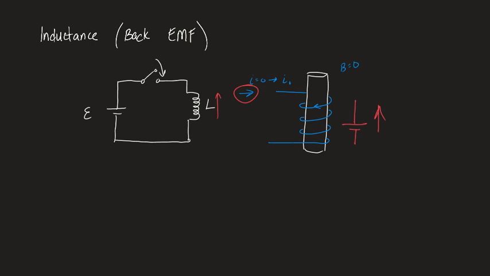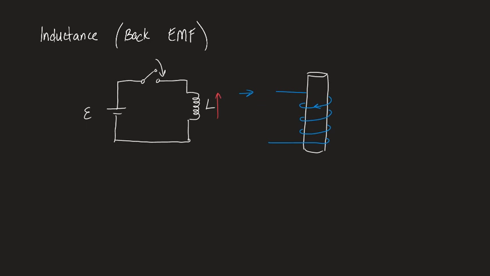Now, I'm going to leave the magnetic field lines out of the drawing for just a minute to kind of advance this. Let's say that after a long time, we get a fully established current in the system.